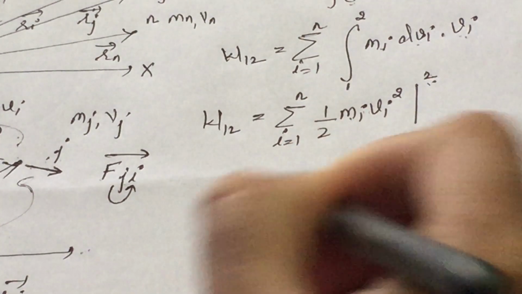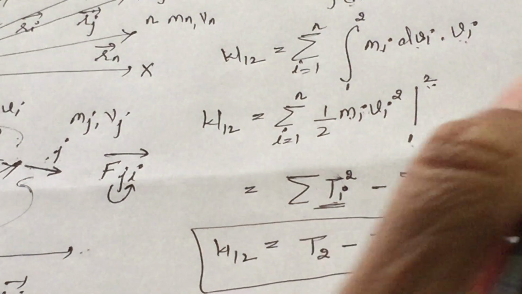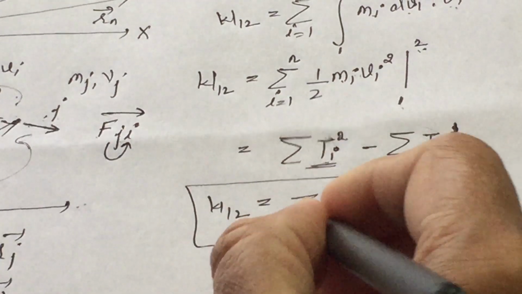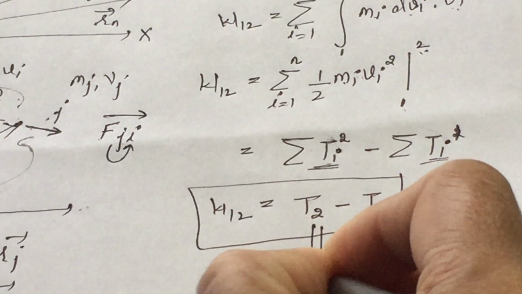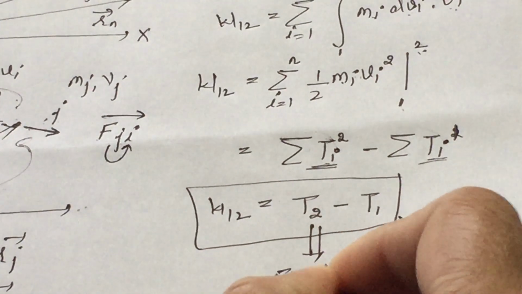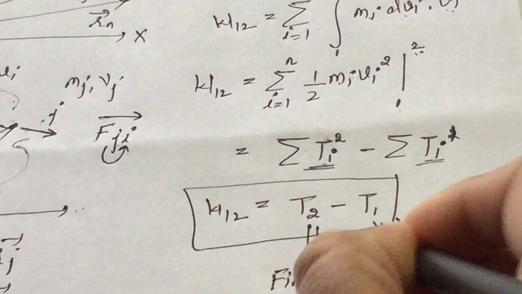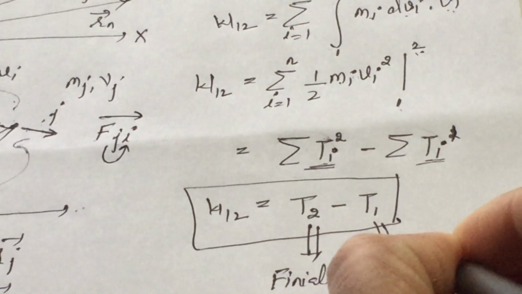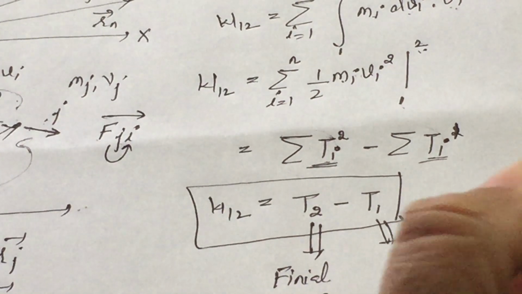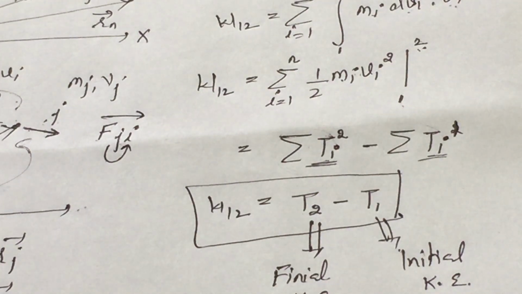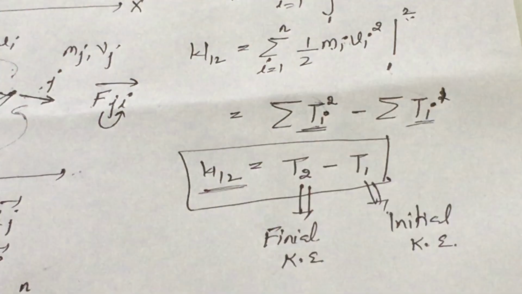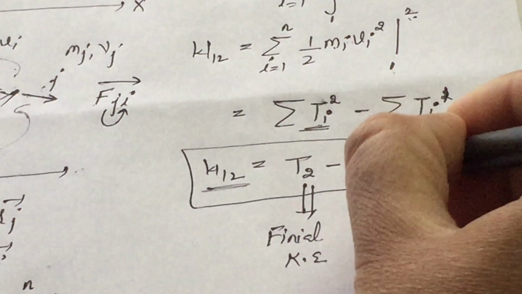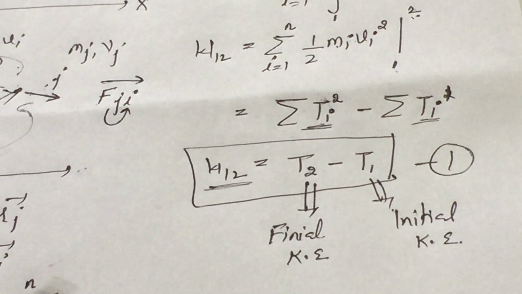This is the relation between the work done and the kinetic energy: the work done is the difference between the final kinetic energy and the initial kinetic energy. Let us consider this as our equation number 1.